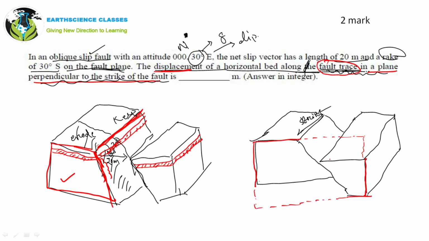Okay, so on this plane, the fault trace means the intersection of the fault plane and this plane. So this is the fault trace, right? Where is the bed? The bed is here, this is the horizontal bed, and this is the bed in the hanging wall.